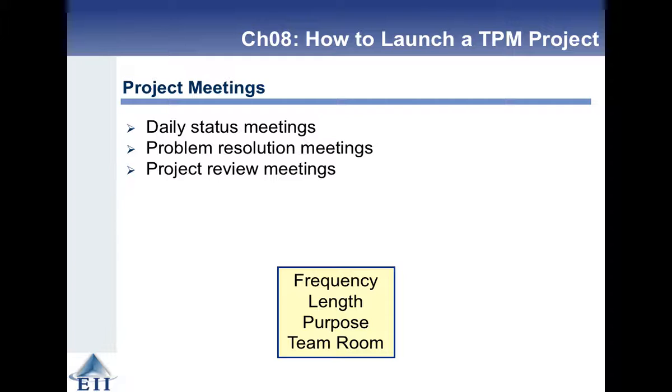Right? Project meetings: daily status meetings, problem resolution meetings, project review meetings. Daily status meetings happen daily, obviously. Problem resolution will happen on an ad hoc basis when there are problems. And review meetings happen maybe once a month, maybe once every 3 months, depending on the size of the project.